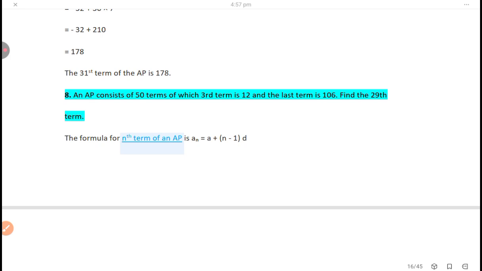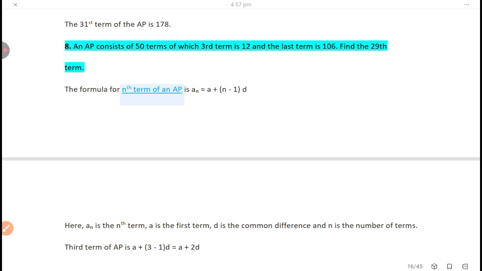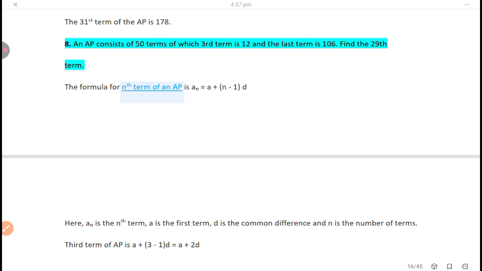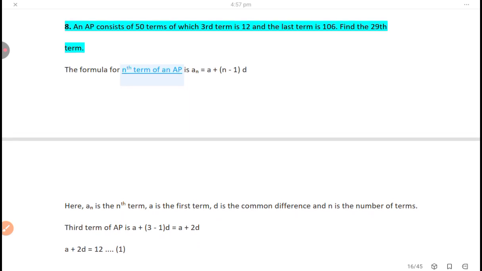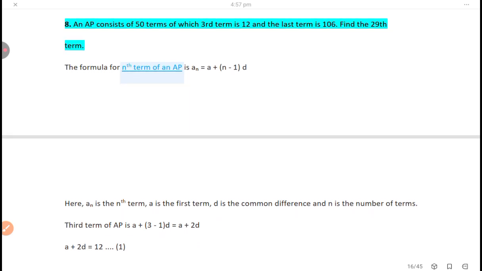Eighth question. An AP consists of 50 terms of which third term is 12 and last term is 106. Find the 29th term. For finding 29th term, you need to have common difference and the a. So you could first find the a and d.